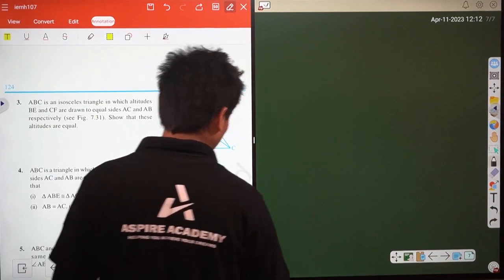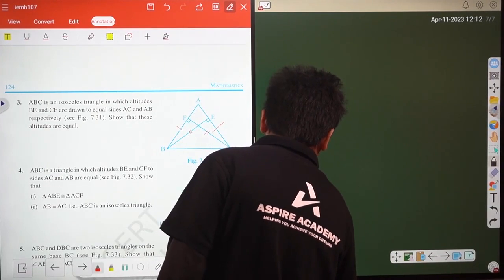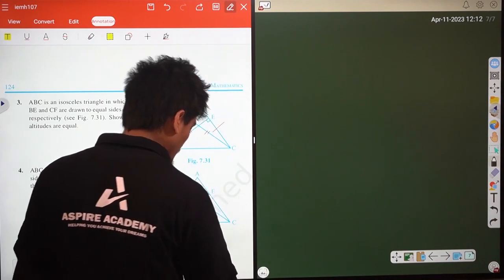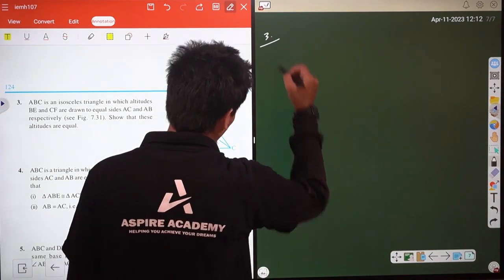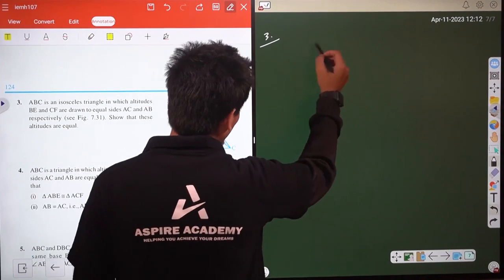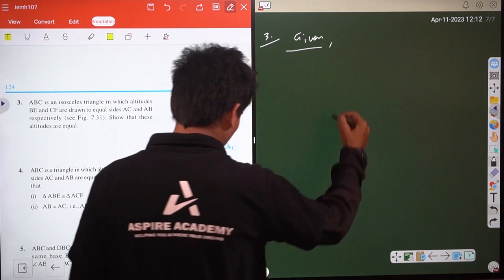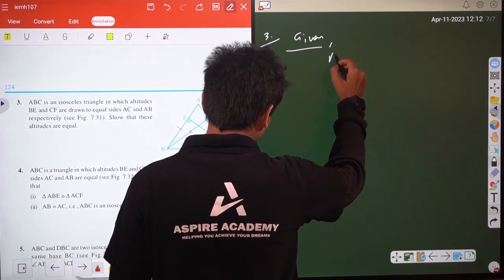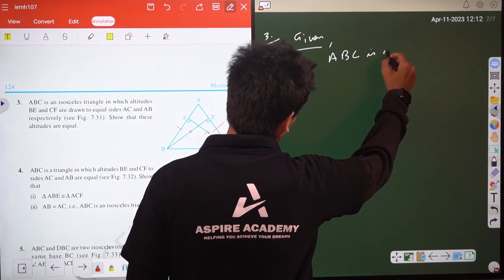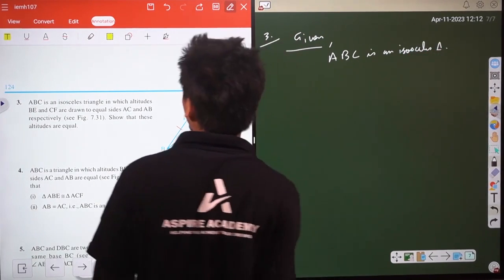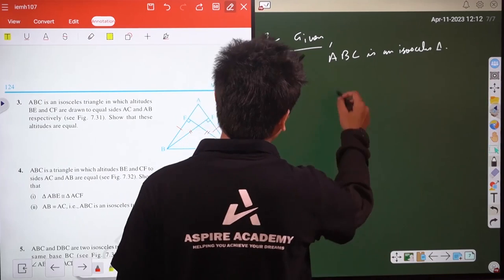Since the diagram is given, I will not draw the diagram. Now, what is given here? ABC is an isosceles triangle, right? In an isosceles triangle, these two sides are equal.